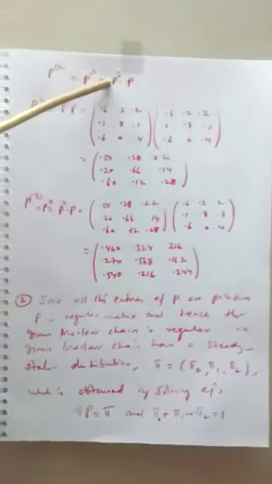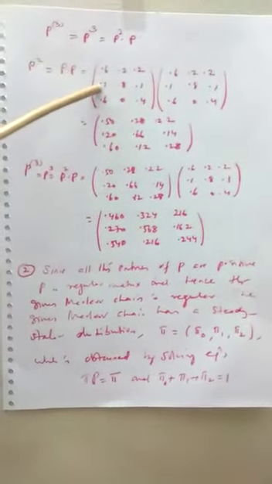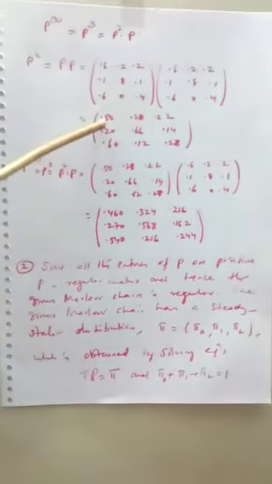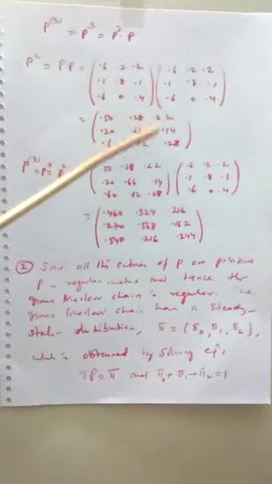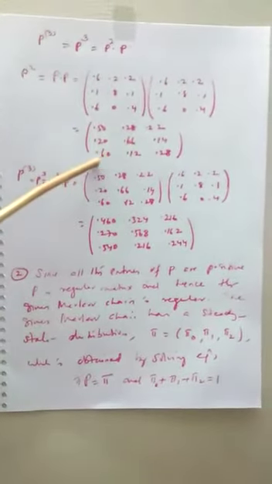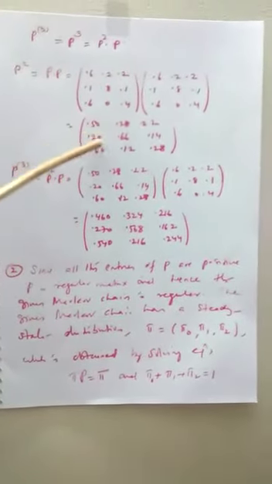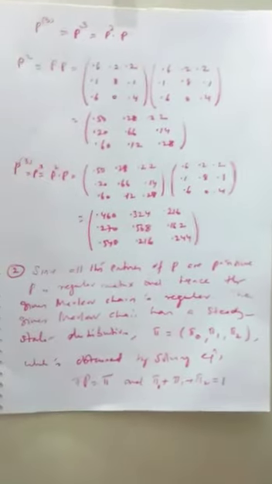Now P3 is equal to P cube, which is P square into P. P square is P into P, as we can multiply these two matrices, to get 0.50, 0.28, 0.22, 0.20, 0.66, 0.14, 0.60, 0.12, 0.28. Summing each row, we get 1.